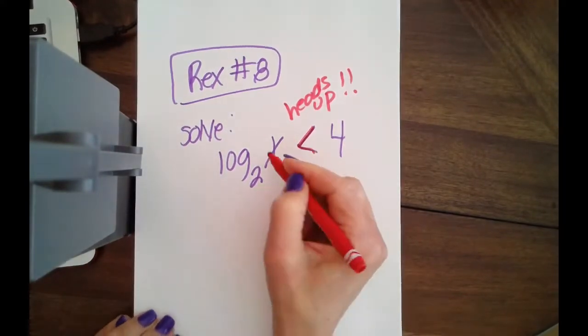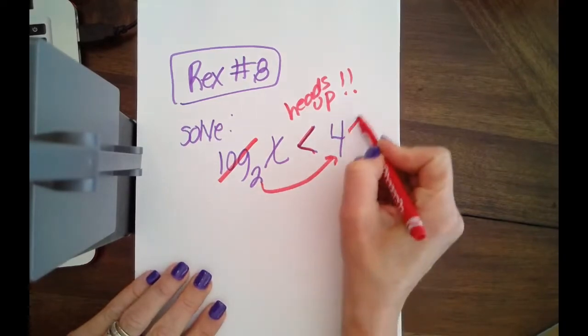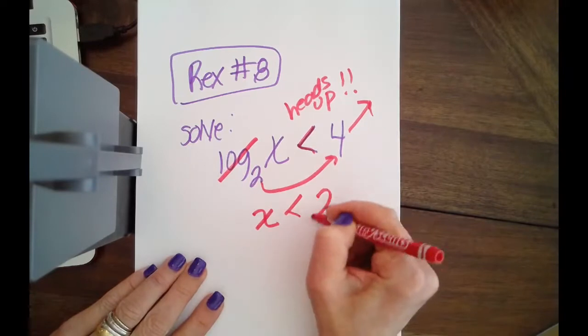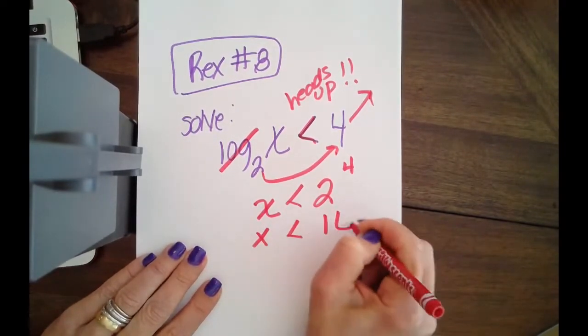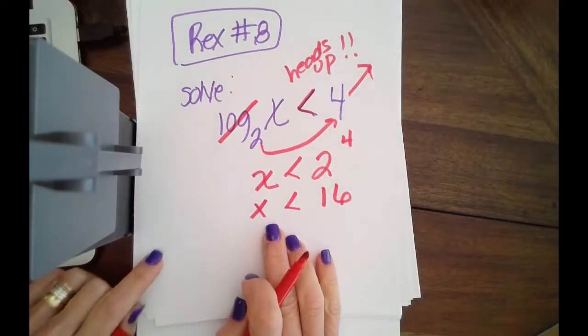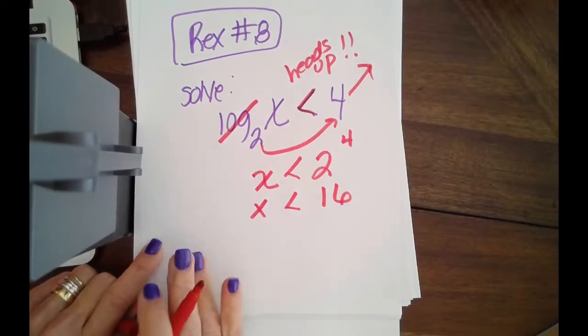Okay, so same thing. We're going to move this, and we're going to bump him here and move him up. So we have x less than 2 to the 4th power, x less than 16. Okay, that's fine. It can be less than 16, but remember the lowest a broc can be is anything close to 0 but not including. It's got to be greater than 0.